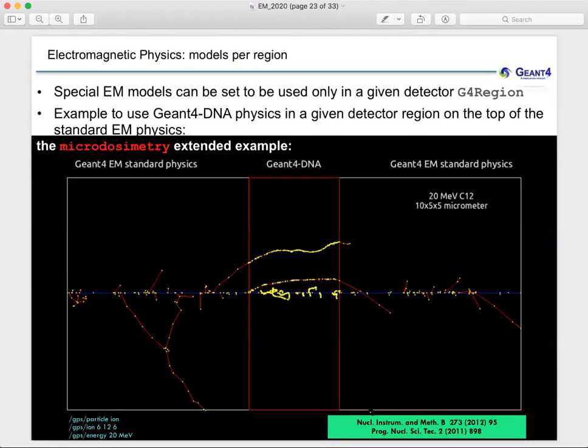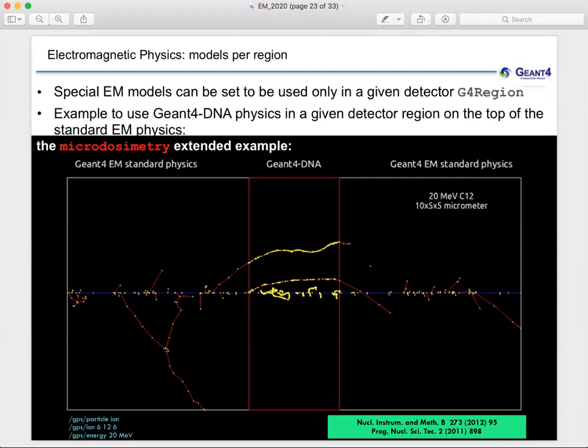Okay, so here I show in more detail this combination of standard electromagnetic physics that I'm talking about today, the condensed history approach, with the DNA part of Geant4. That's a pure discrete simulation. There is no production threshold. They simulate each individual secondary electron and photon by themselves. What you see here, the red dots, are interaction points.